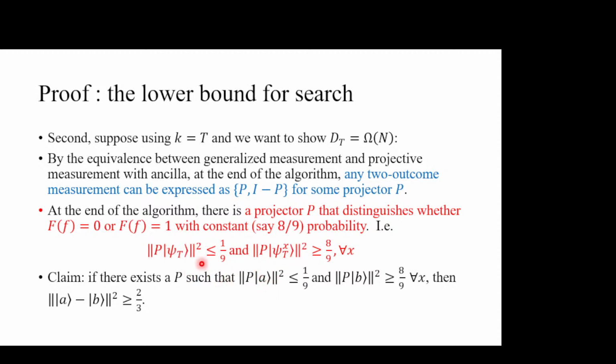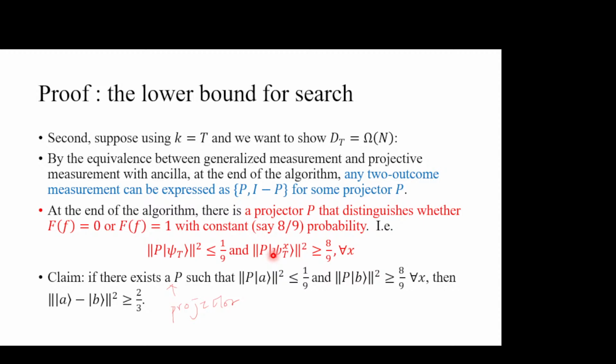Okay, and in this case, we can show that any two states that satisfy these two equations for some projector must be pretty far away. So we abstract this a little bit and write down this claim. If there is a projector P such that one state is accepted by the projector with pretty small probability and another state is accepted by the projector with pretty high probability, where by accepted by the projector I mean this equation: you project with this projector and see how much of the norm squared remains.